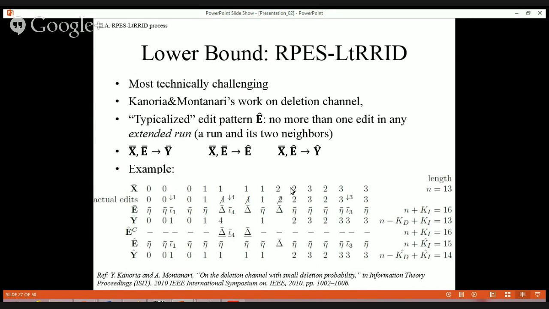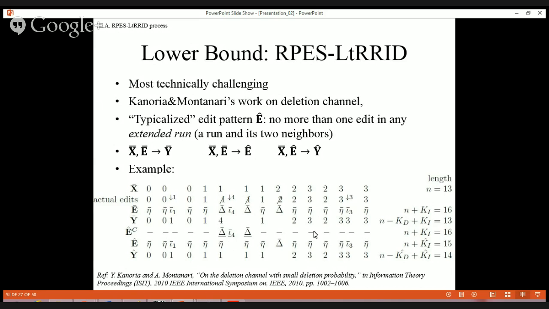In the next run, 2, 2, the extended run is 1, 2, 2, 3. Again, in this extended run, there is only one edit, which is this deletion of 2. Hence, we don't eliminate anything, and in E complement it's all no operations in this extended run. In the next run, 3, the extended run is 2, 3, 2. There are no edits in this extended run.